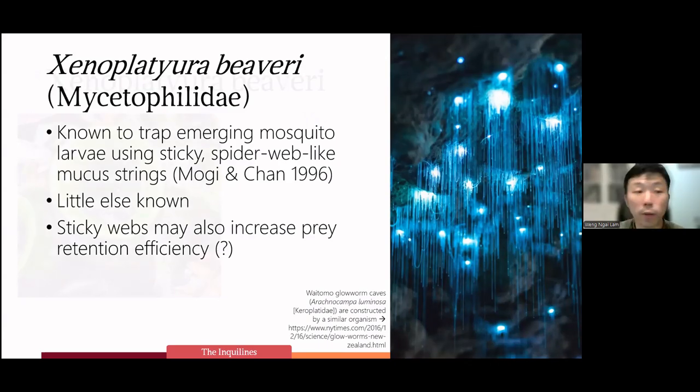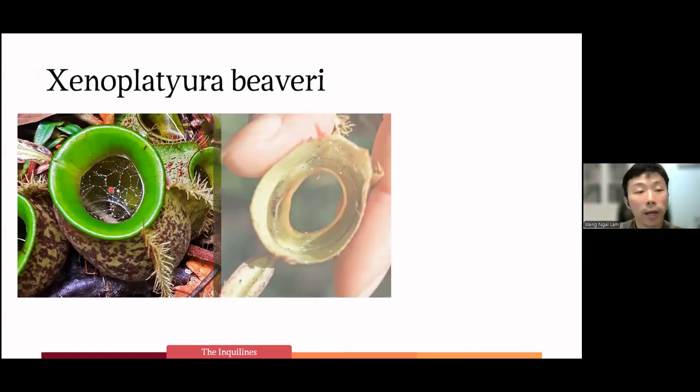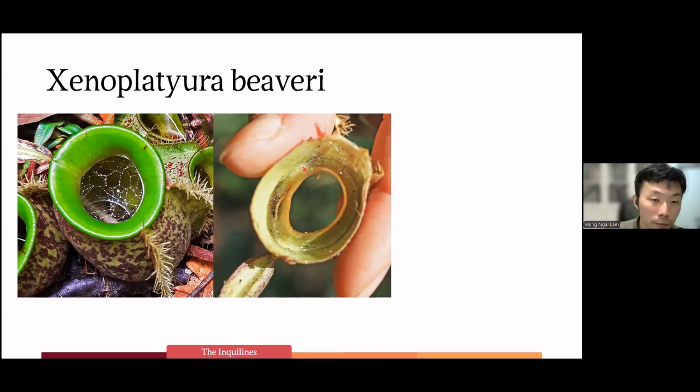They create these sticky webs that look like these. You can see this is not a spider, this is from that worm, Xenoplatyura. It's the same worm. Actually, I shouldn't say worm, it's actually a fungus gnat larva, but it looks like a worm, and it creates these sticky webs.